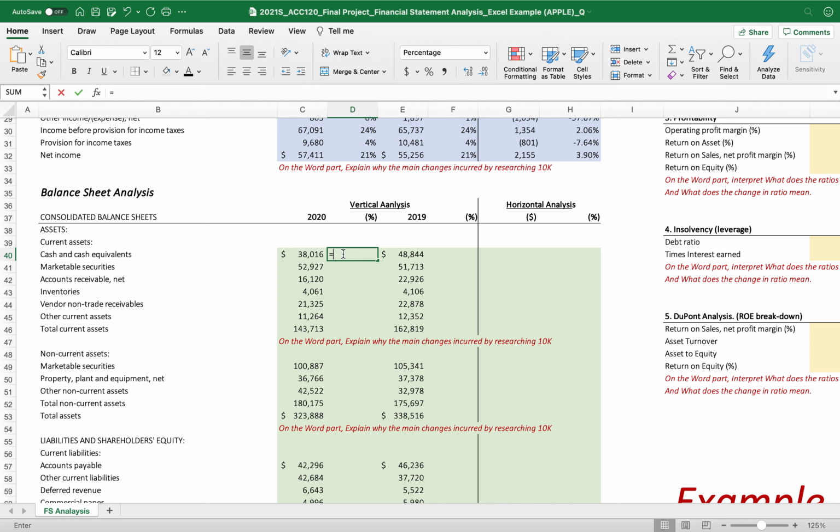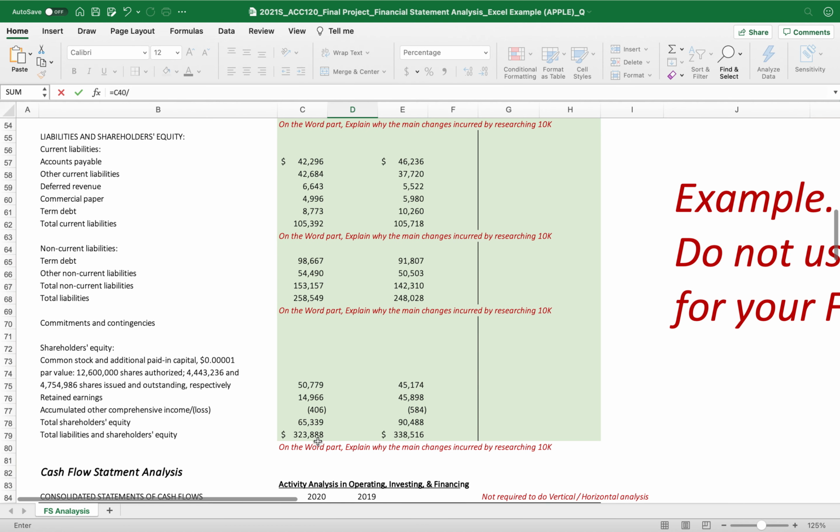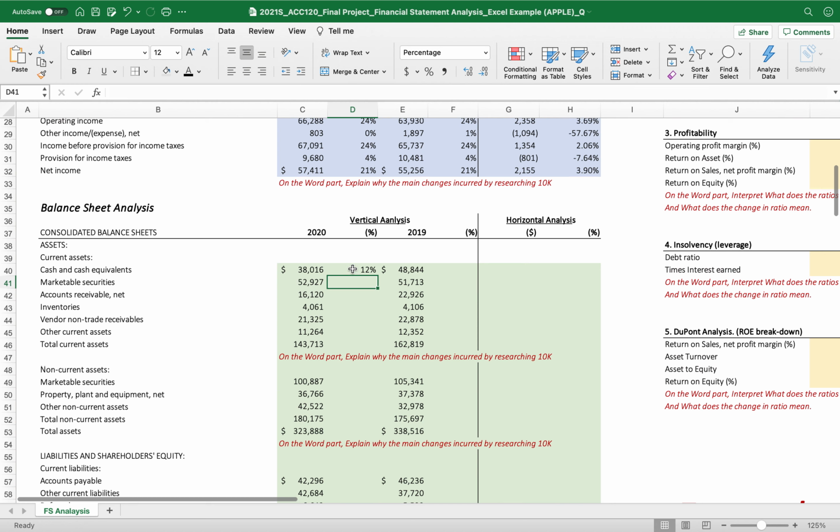That's the point. So I just use this total asset part. I want to fix this part, right? Fix this part like this. Or you also can use this. Anyway, we have the same value, right? Like this, like that way. So you can get 12%. You can use this total asset or total liability and equity, right?